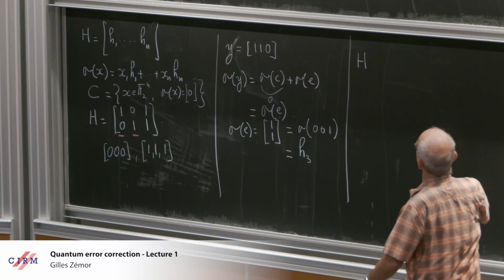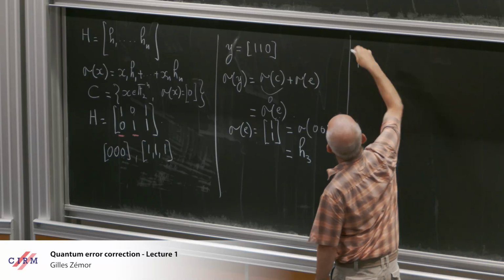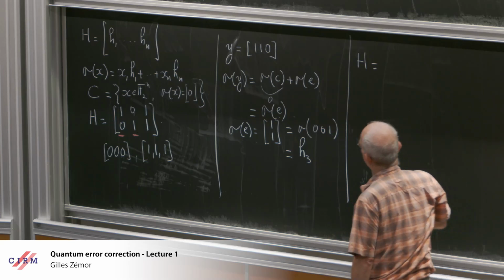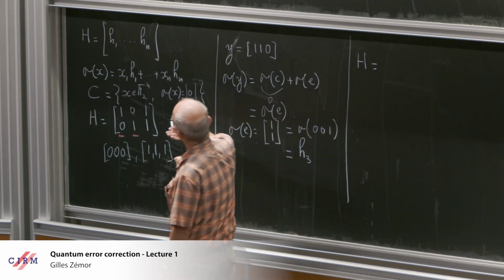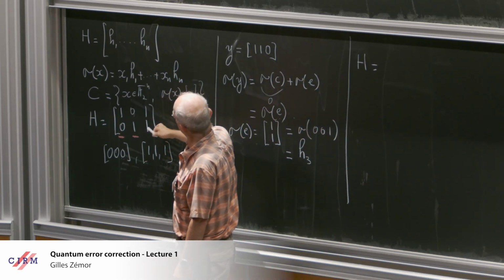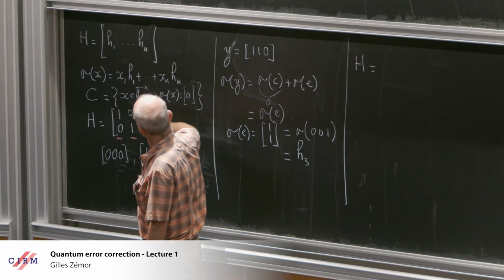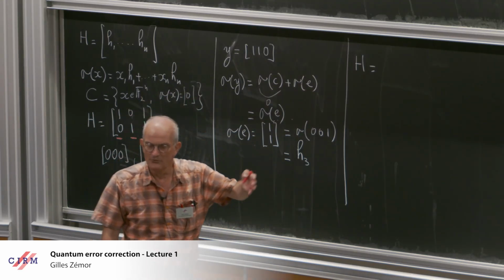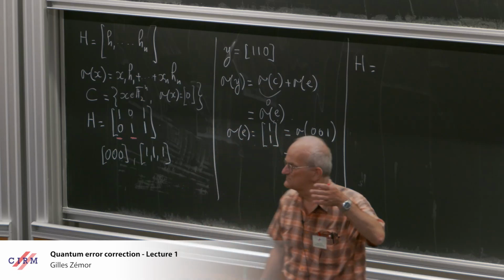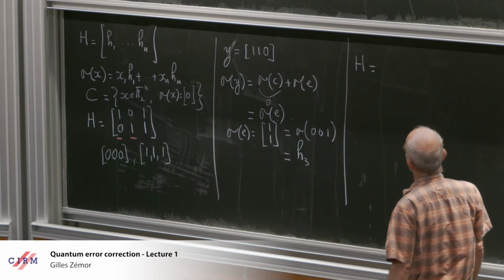So for example, slightly more complicated than the repetition code. Notice here, the repetition code has a parity check matrix which consists of all distinct binary columns of length 2.